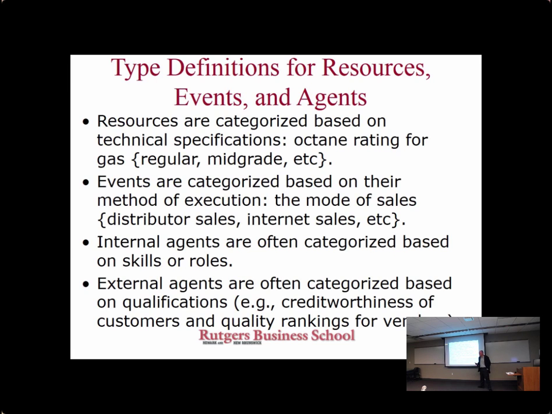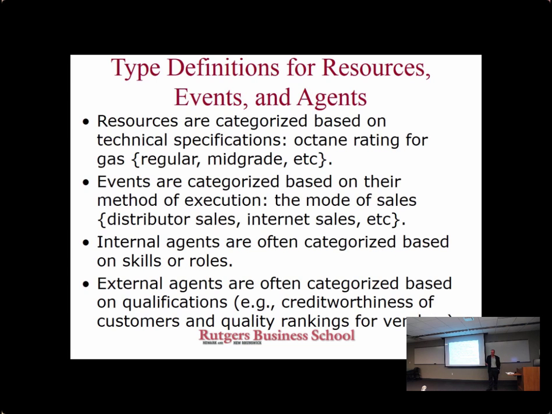Events are often categorized by their mode of execution. For example, with sales, we have different sales events. There may be different categories, like distributor sales, where we go through a distributor, or internet sales, which will be direct sales to the end customer, and other things.